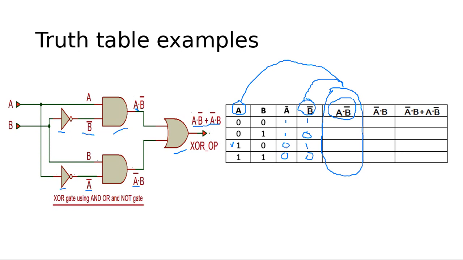A is 1, B is 1, so the result is 1. Otherwise, A is 0, it means 0, 0. A is 1, not A is 0.